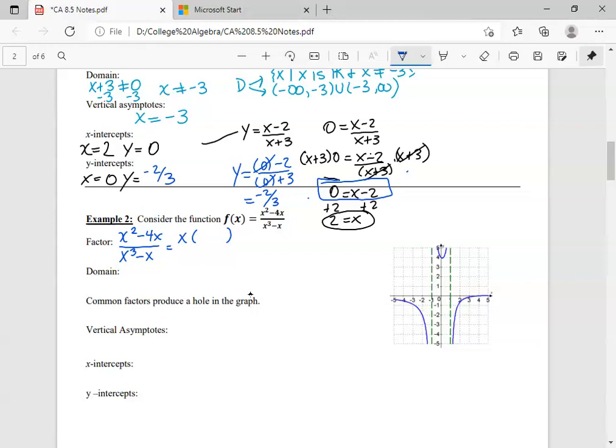So I can pull an x out of both of those. That's going to leave x minus 4. If you take an x out of x squared, you're left with x. If you take an x out of negative 4x, you're left with negative 4.